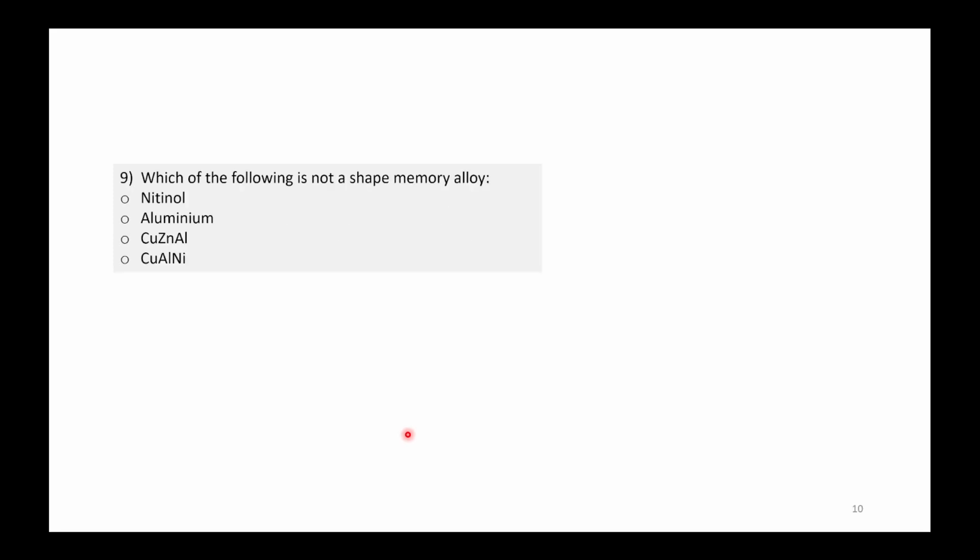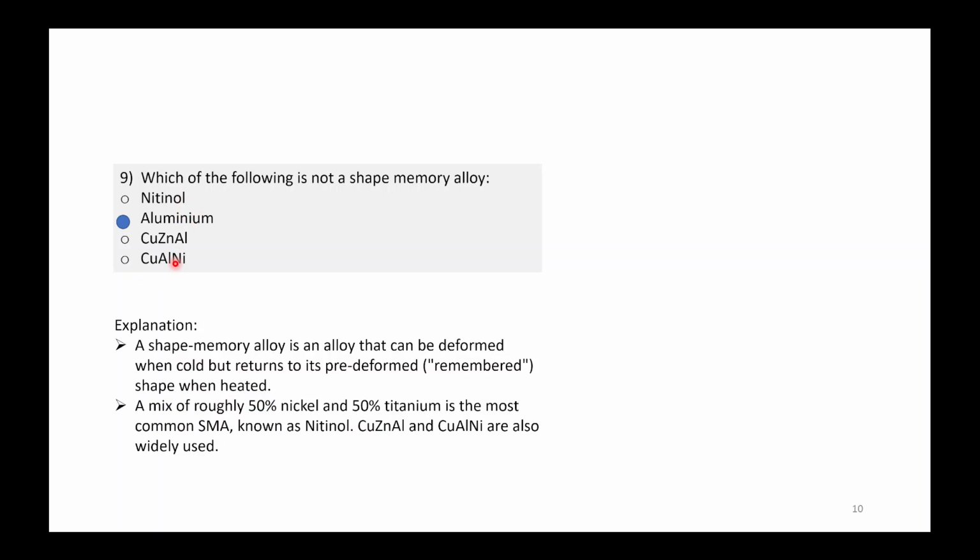Now question number 9. Which one of the following is not a shape memory alloy? Your options are nitinol, aluminium, copper zinc aluminium, or copper aluminium nickel alloy. Now the answer will be aluminium, because all the others are alloys which show the shape memory effect.